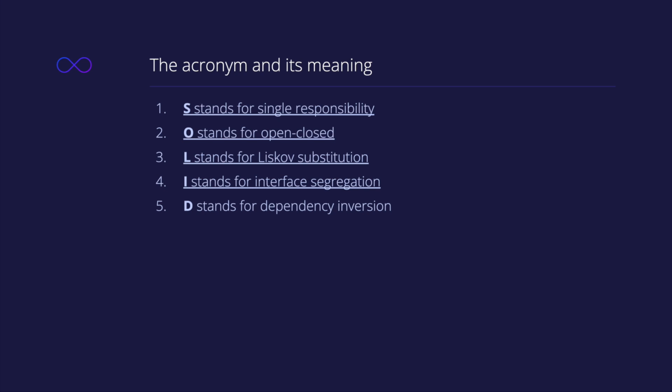The interface segregation principle is a SOLID principle that states that clients should not be forced to depend on interfaces they do not use. In other words, interfaces should be designed with the specific needs of the client in mind, and clients should not be forced to implement methods that they do not need. For example, let's say we have an order class that needs to interact with a payment interface.